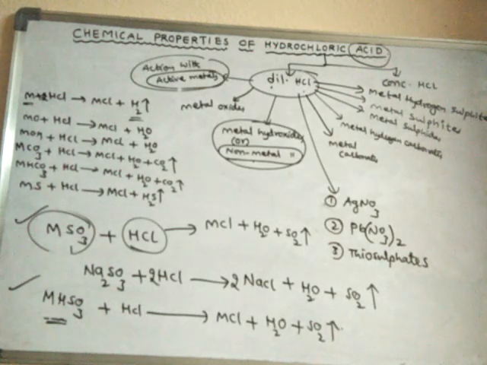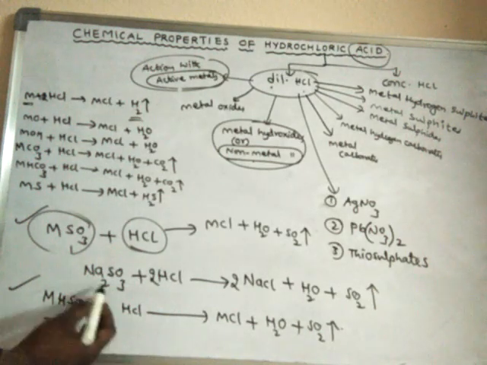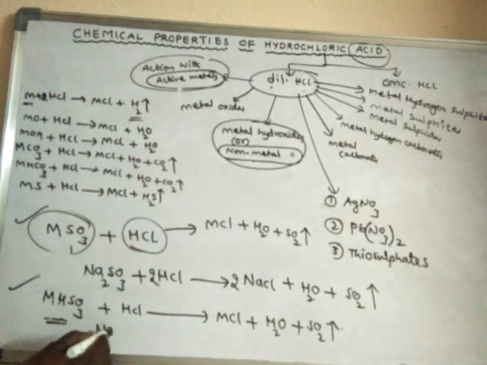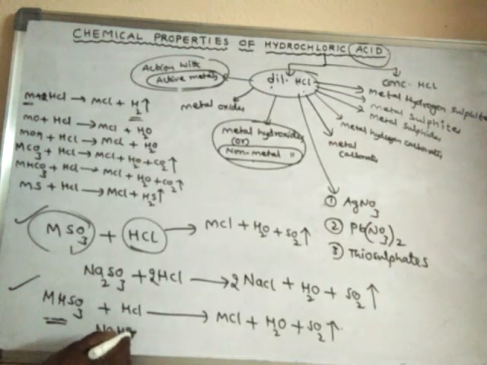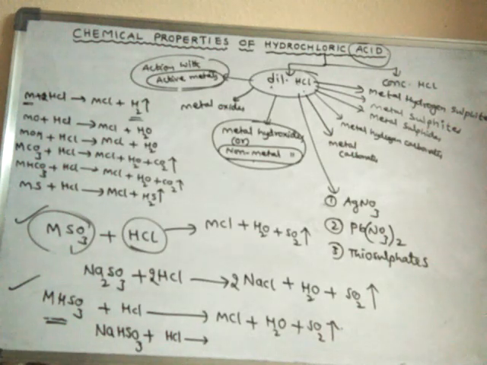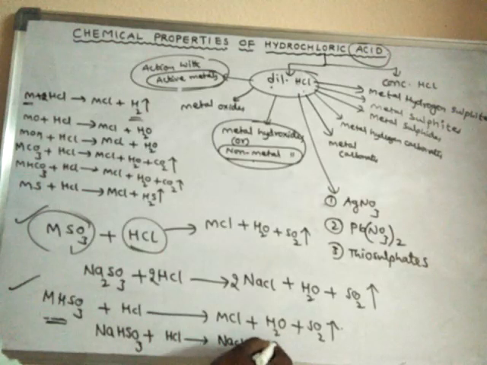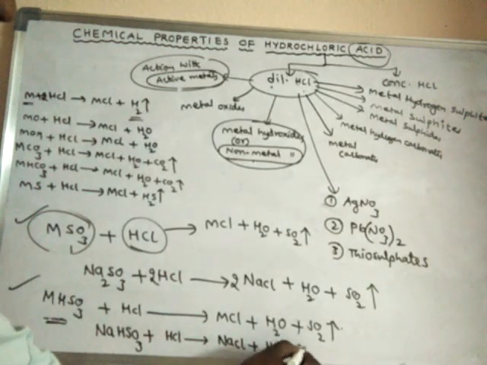If you take an example, for example, potassium hydrogen sulfite or sodium hydrogen sulfite, when sodium hydrogen sulfite reacts with HCl, it forms sodium chloride, water, and sulfur dioxide gas is evolved.